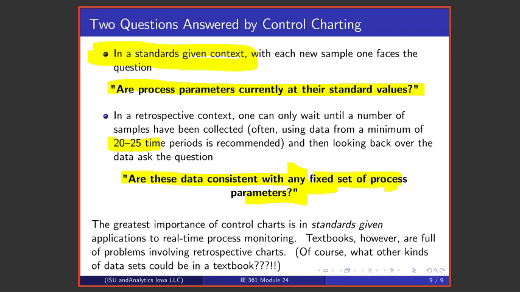As a student, if you go and look in textbooks, they're going to be full not of the first kind of problem, but of the second kind of problem, because, of course, if I'm going to give you data, it's not coming in real time. It has to be a retrospective problem. Nevertheless, the important application is to the first of these scenarios, not to the second.